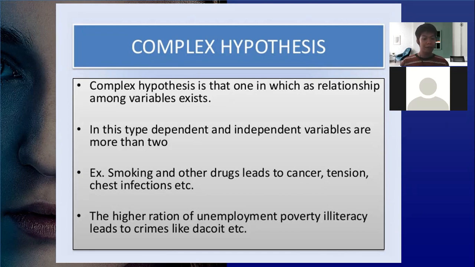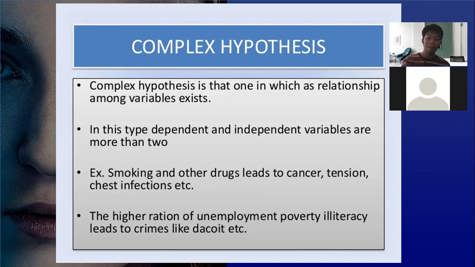For independent variables, smoking and other drugs, while the dependent variables, cancer, tension, and chest infections, etc. So meaning more than one yung variables ng study. That's why complex hypothesis ang tawag sa kanya.